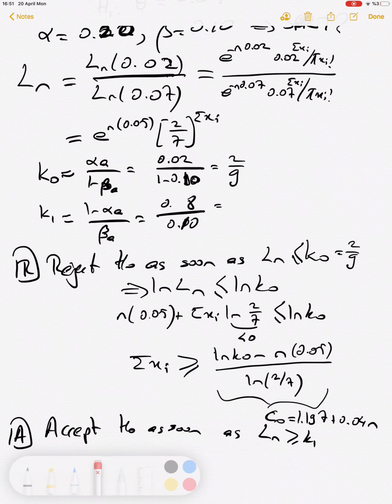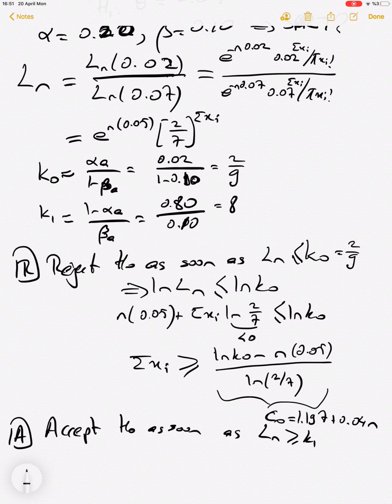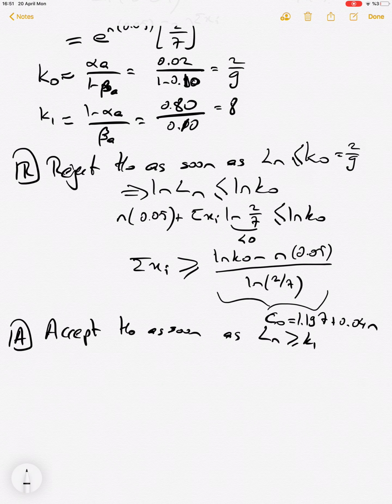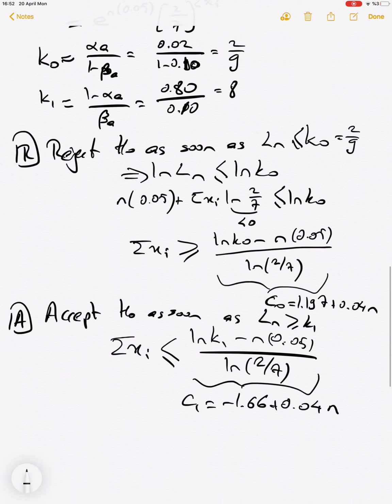I have to correct this one also, then I can give the correct calculated value. Then we will have summation xi. All you have to do is change the direction and replace k0 by k1. You don't have to do anything else. So this is c1, and when we calculate, we get minus 1.66 plus 0.04n.